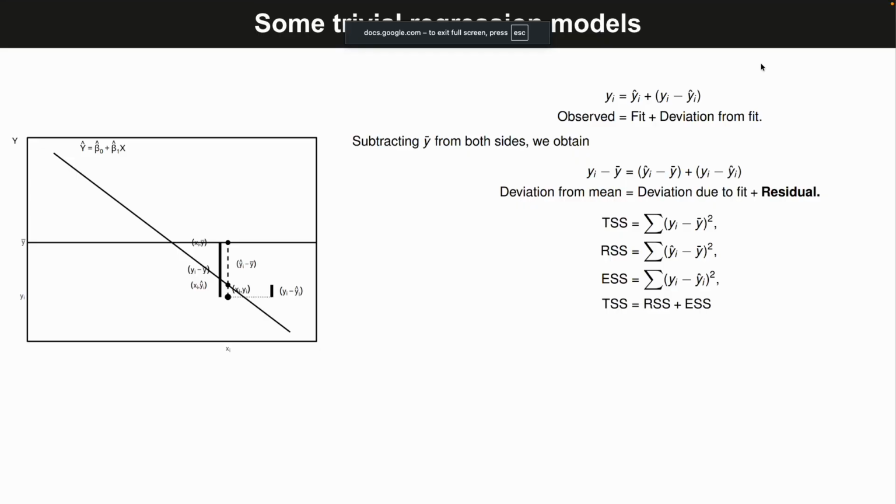You will see that if you actually expand this and calculate this, this is nothing but equal to the correlation of xy squared. This is only true in the case of a simple linear regression, which means you have only one x and one y.